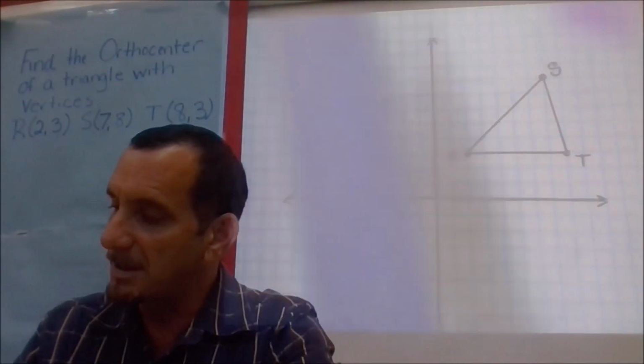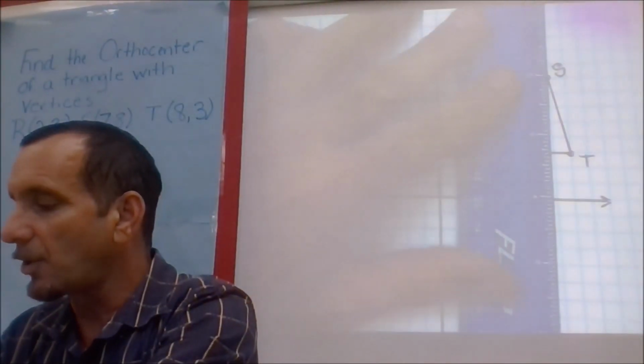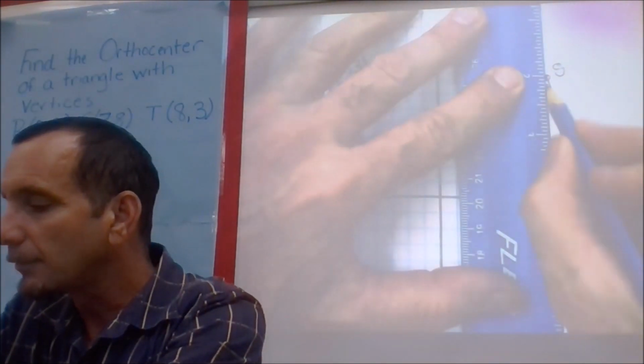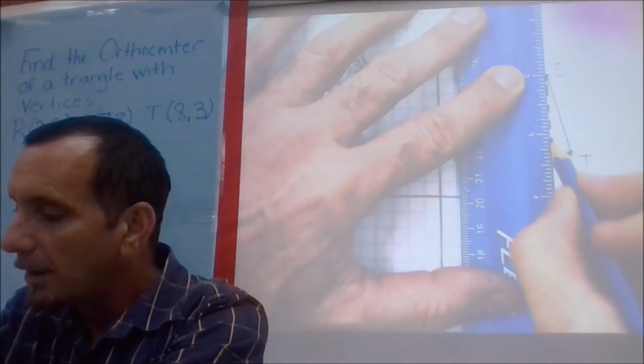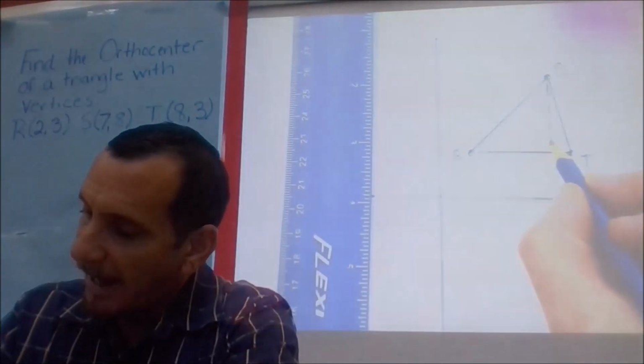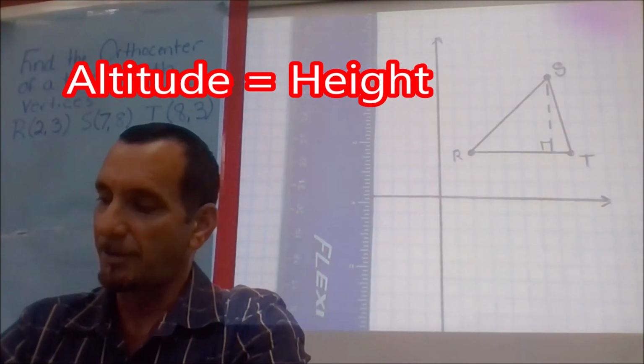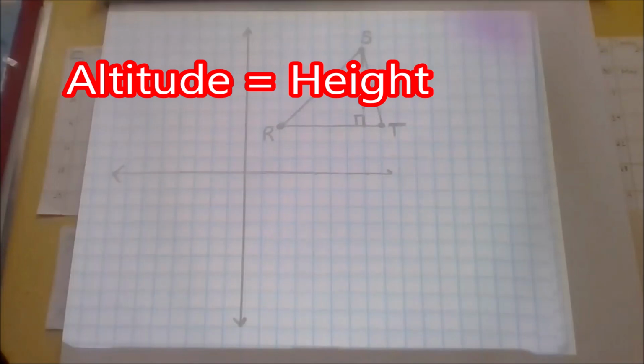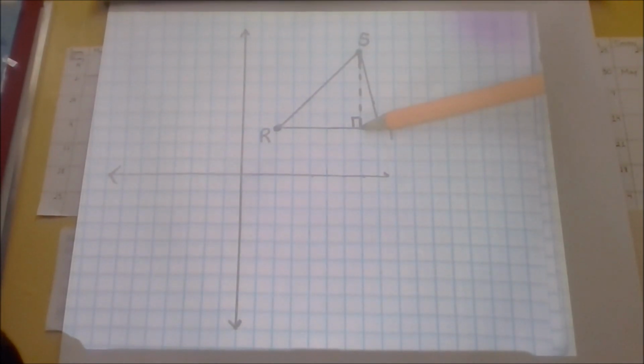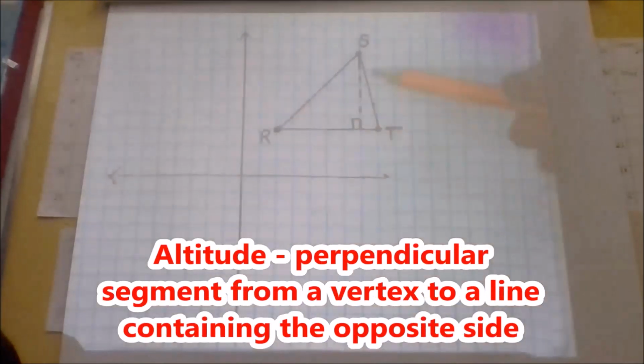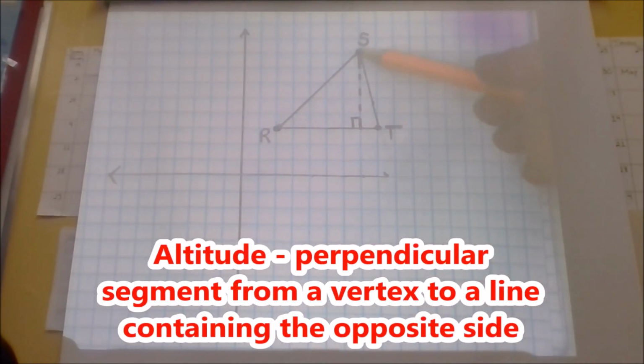First, and the easiest altitude that I'm going to draw is really the height of my triangle, and that's the first altitude. Well, that's the easy altitude. So we know that the altitude is the perpendicular segment from a vertex to the line containing the opposite side.